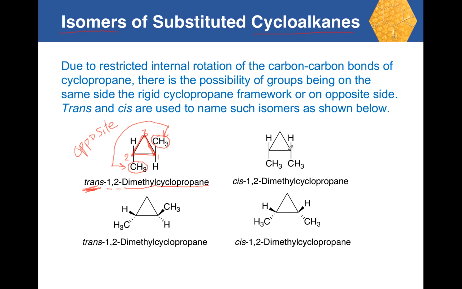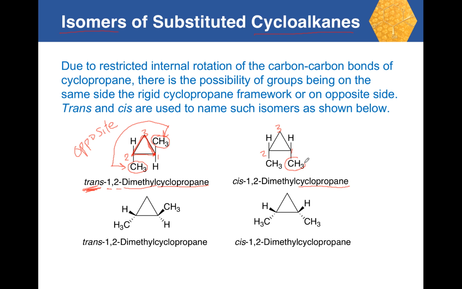Let's go over here. Looks like it's an isomer. Why an isomer? Because it has the same molecular formula. It's just that the arrangement of the groups is different. So here we go again. 1, 2. Notice we're going in the direction of the substituents, and 3. So again, it's a cyclopropane.